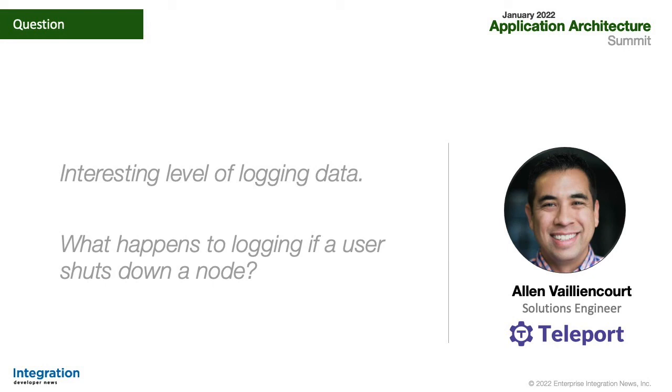So if a user goes and shuts it down, whether from an SSH session or maybe through a supply chain, you can look at some of the logging to see what happened. We have the ability to turn on what we call enhanced BPF, Berkeley Packet Filter, logging. So if a user somehow compromises this supply chain and then logs in and runs a shutdown command, we're going to capture that within Teleport's logs.